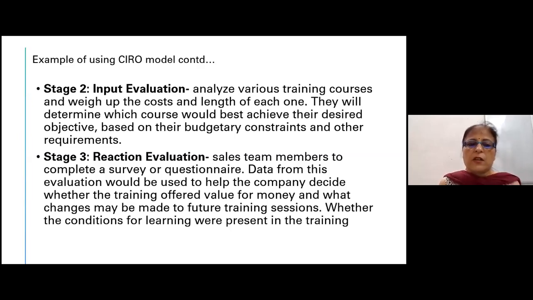In stage 3, that is the reaction evaluation, they have finished the training, they chose the best training, and the sales team was sent to the training, and now the members are given a questionnaire. Now, whoever has done the training, to find out how the training went, and data from this evaluation would be used to help the company decide whether the training offered value for money and what changes may be made for future training sessions.